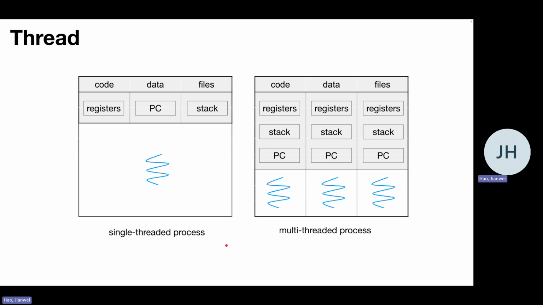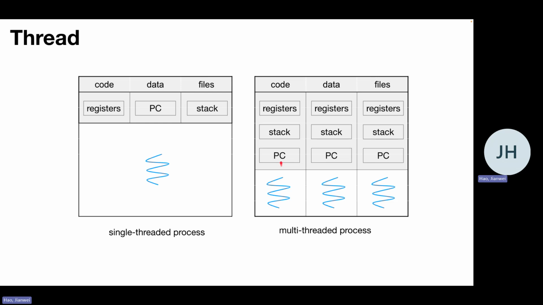This chart shows the structure of the thread and the process. For example, this is a single-thread process. In this process, there's only one thread running, and all the resources belong to this thread. But if we run a multi-threaded process, that means we can run multiple threads in one process.